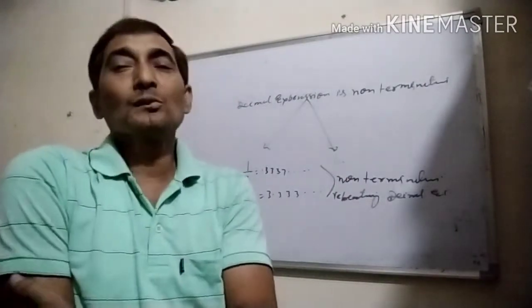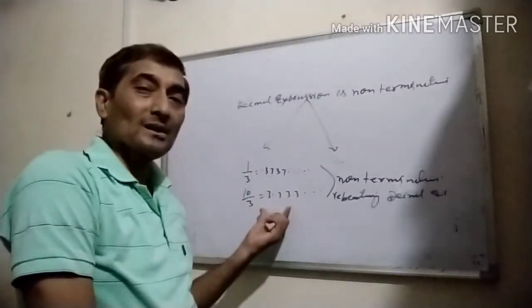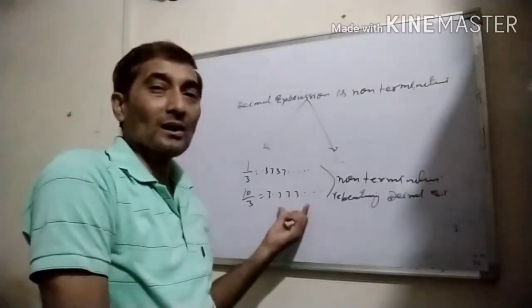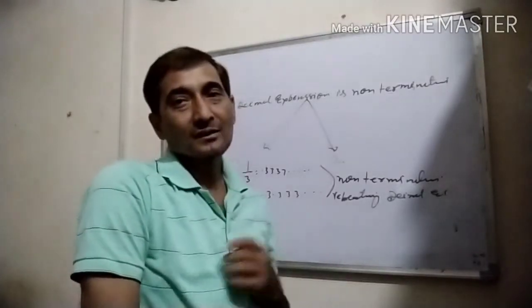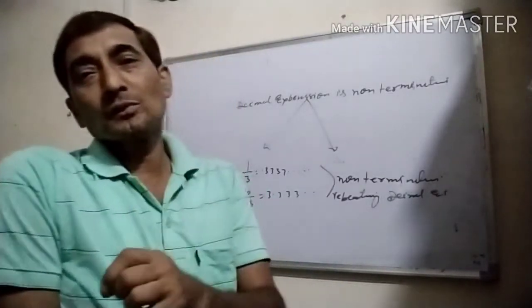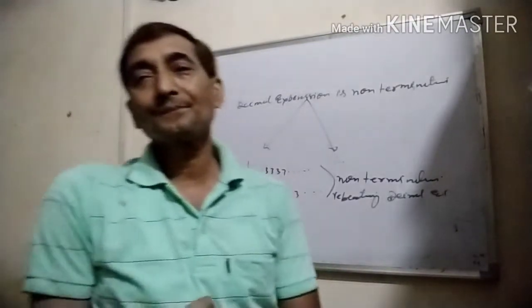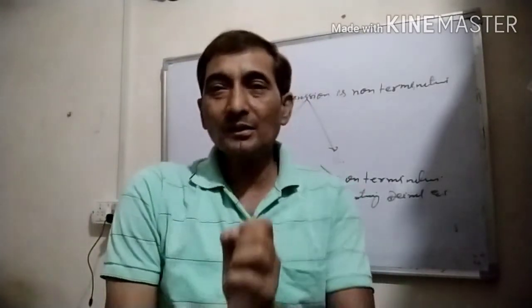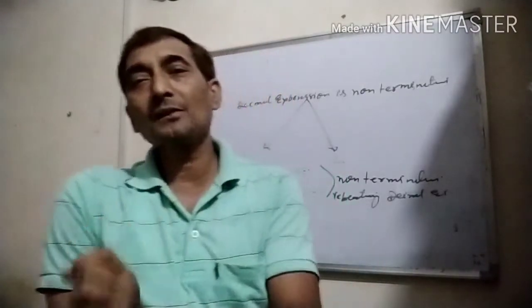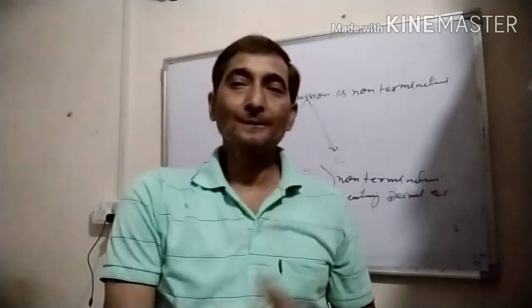In other words, if this type of number is given and you are asked to tell whether it is rational or irrational, then you should answer that the number is rational, because it can be converted into the form of P upon Q.